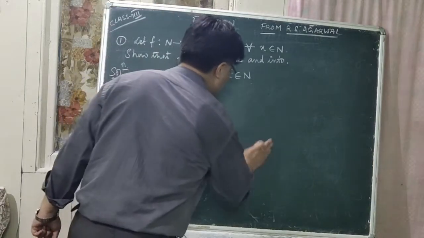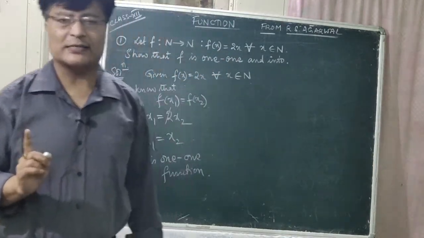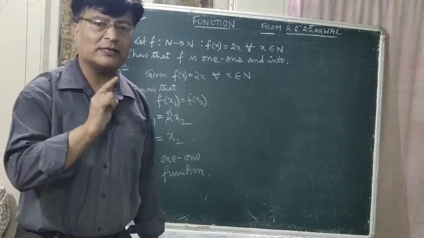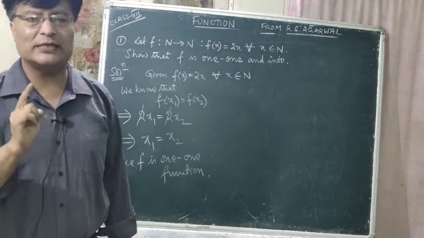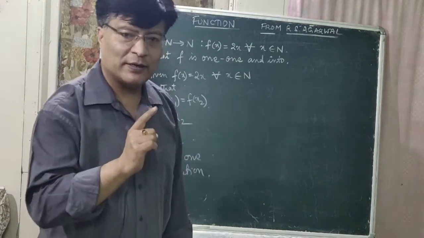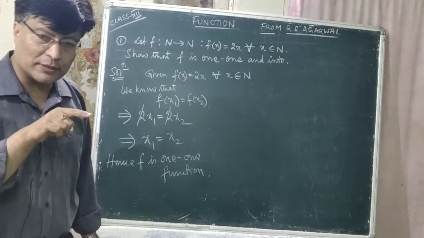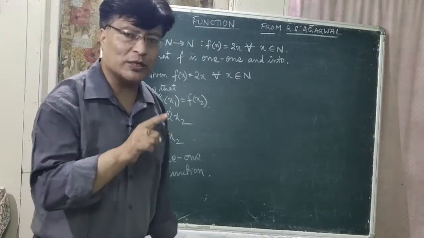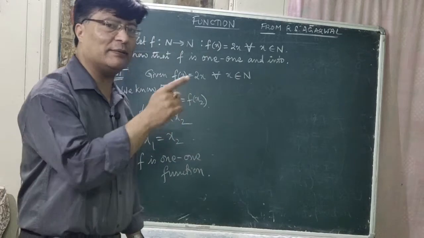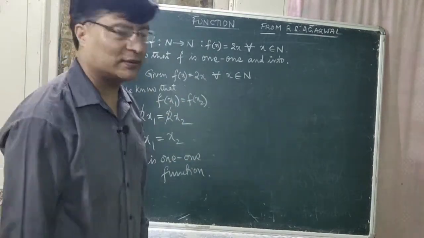A function f such that A to B is said to be an into function if there exists at least one element in the set B which does not have any pre-image in the set A. That is known as into function, right?